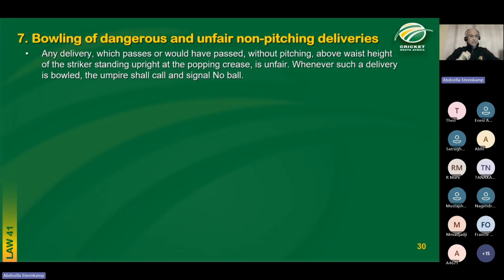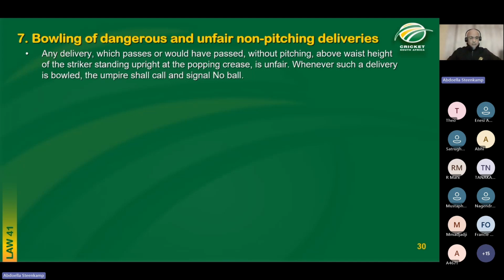Second judgment is you need to judge whether it was above waist height of the striker standing upright at the popping crease. And if yes, the law sees this as unfair and either umpire needs to intervene, even though the striker's end umpire is in the best position, but either umpire can call it, and you need to call and signal no ball because this is unfair.